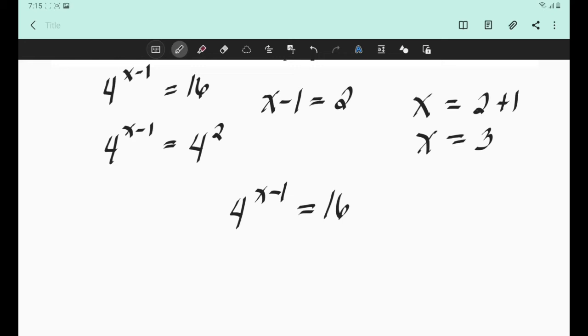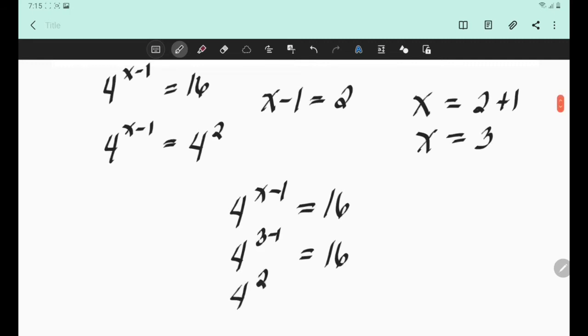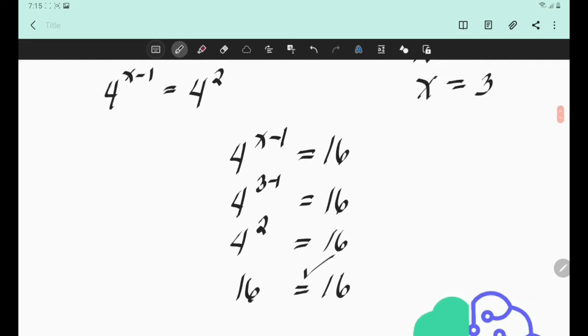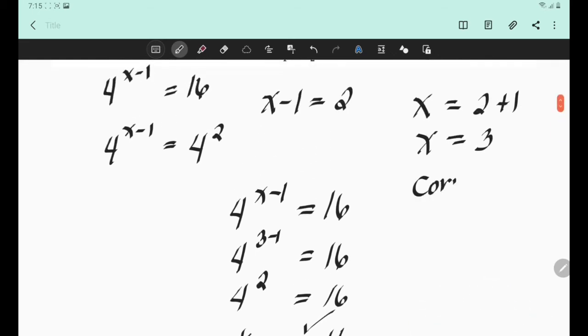So, let us substitute 3 dun sa ating x minus 1. So, we'll have 4 raised to 3 minus 1 is equal to 16. So, that is 4 squared, we have 16. We all know that 4 squared is equal to 16. Ibig sabihin, they are equal. If they are equal, your solution is correct.